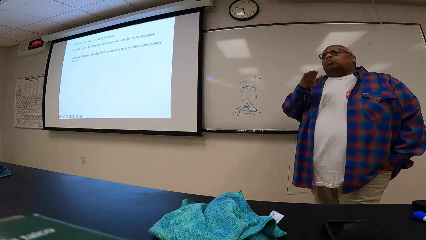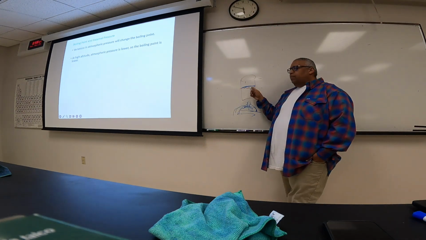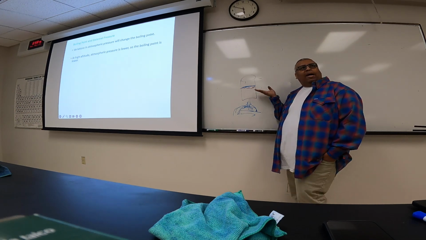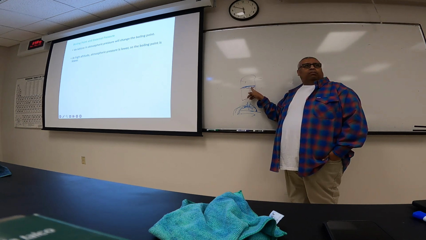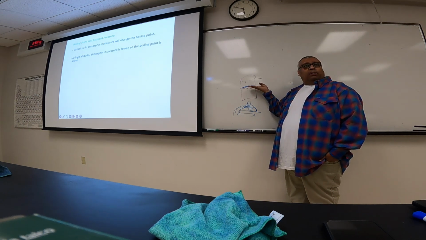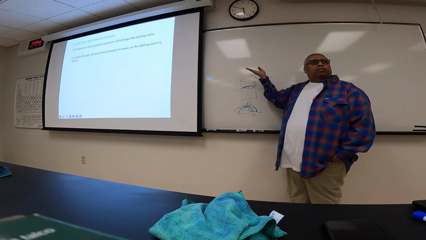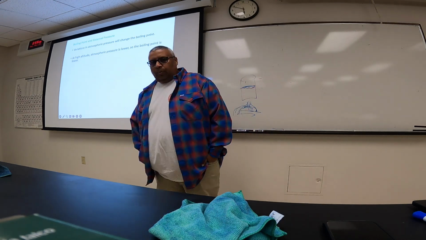So the effect this has, right? If we can get this vapor pressure to equal atmospheric pressure, we can reach the boiling point. So at increased elevation, we have a lower air pressure, which means that the boiling point is going to be lower, right? Elevation has an effect on boiling points.